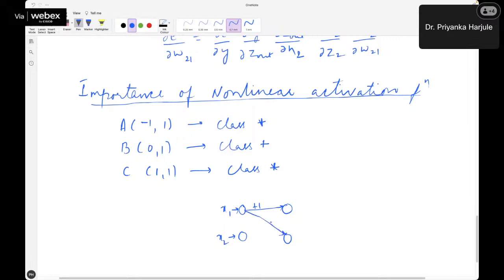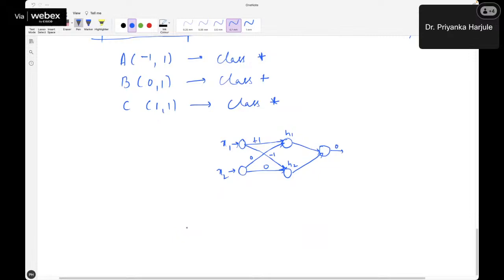With this edge, let us give -1. The edge going from here to here is 0, and from here to here it is 0. Then you have the output. So this is H1, this is H2.